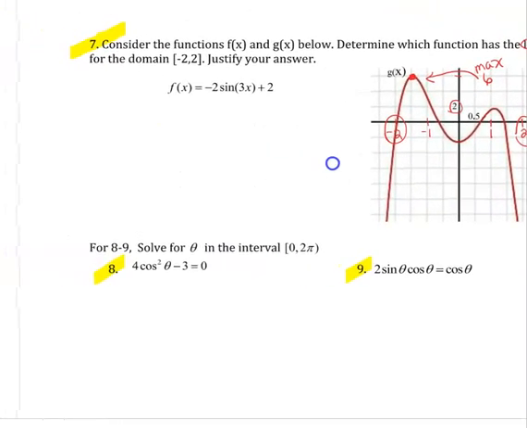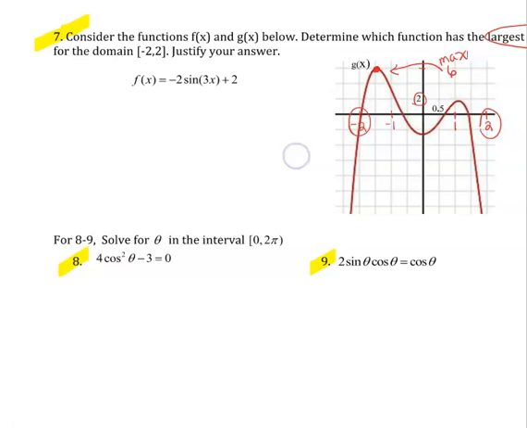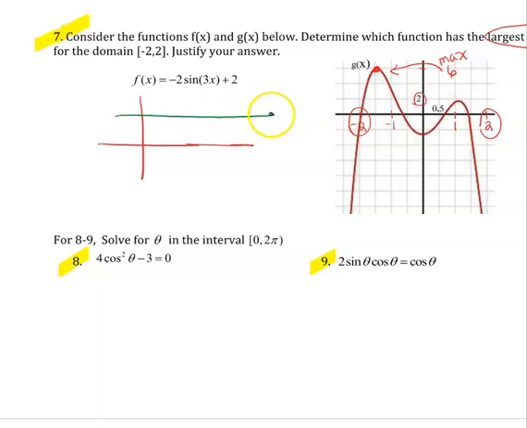Okay, now let's come over here. What would the maximum be for this graph? Now, if I were to pay attention to a sketch of what this looks like, okay, you have a midline at 2, y equals 2.